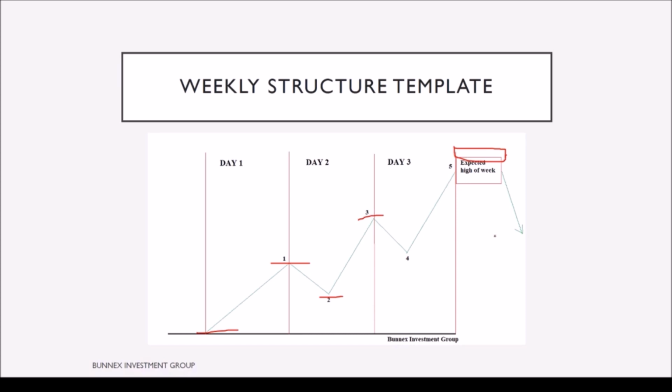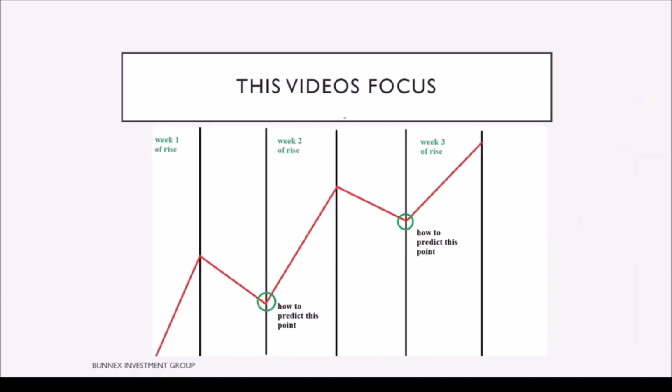Today we are going to talk about how to anticipate a point here whereby we initiate another week of rise, or if we are in a downtrend, another week of drop. This is basically going to be this in summary. We have a week of rise like this one.